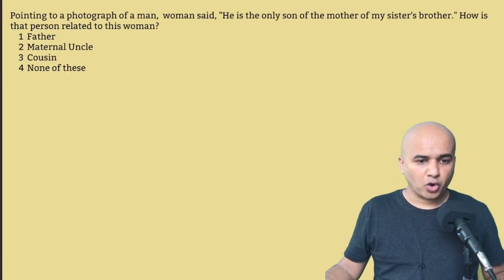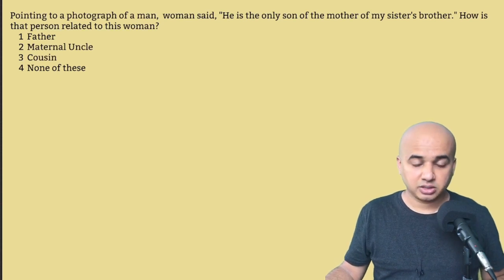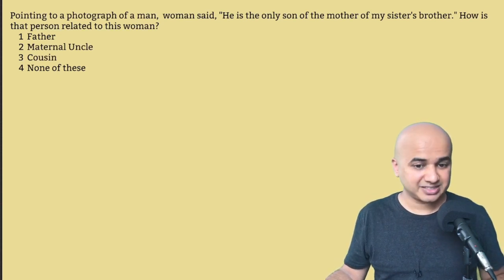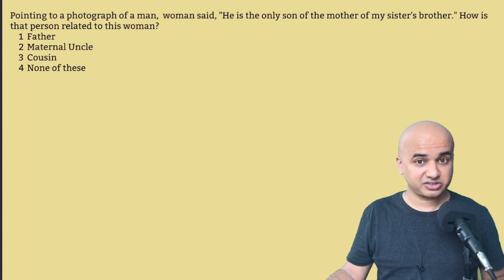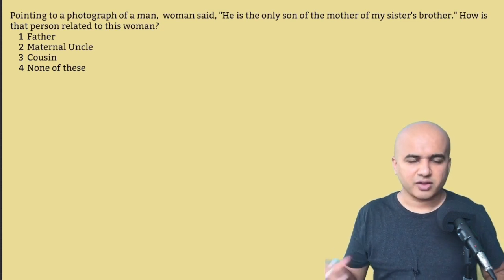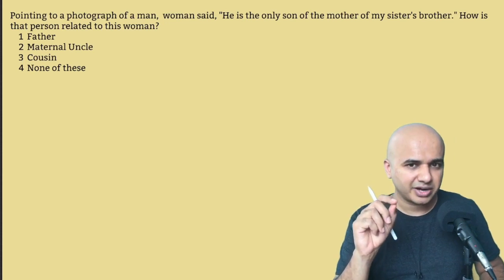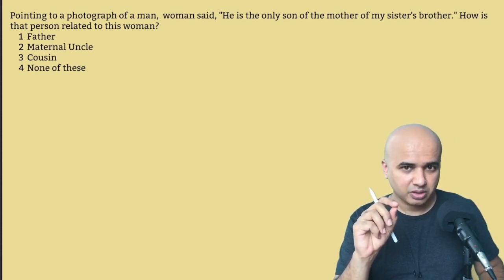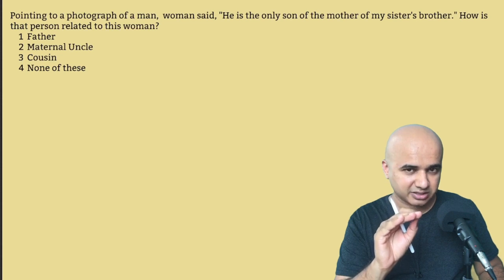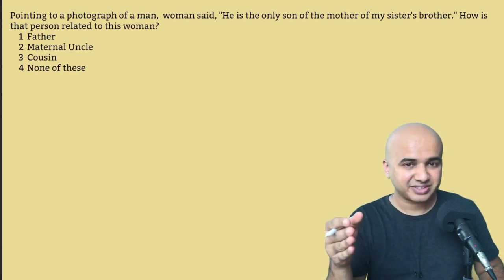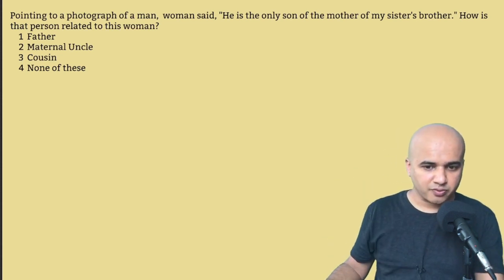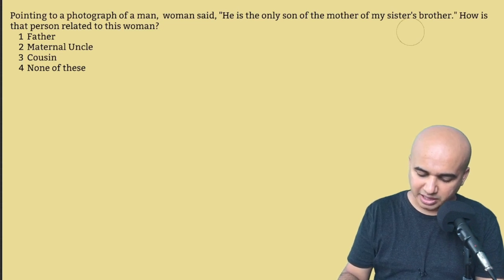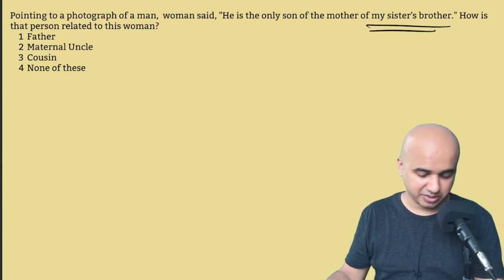Next. Pointing to a photograph of a man, a woman said, "He is the only son of the mother of my sister's brother." One thing which you have to notice in case of blood relations is you'll have to start from the last. That will be easy for you to break the statement into multiple parts. So if I start from the last part, here is my sister's brother.